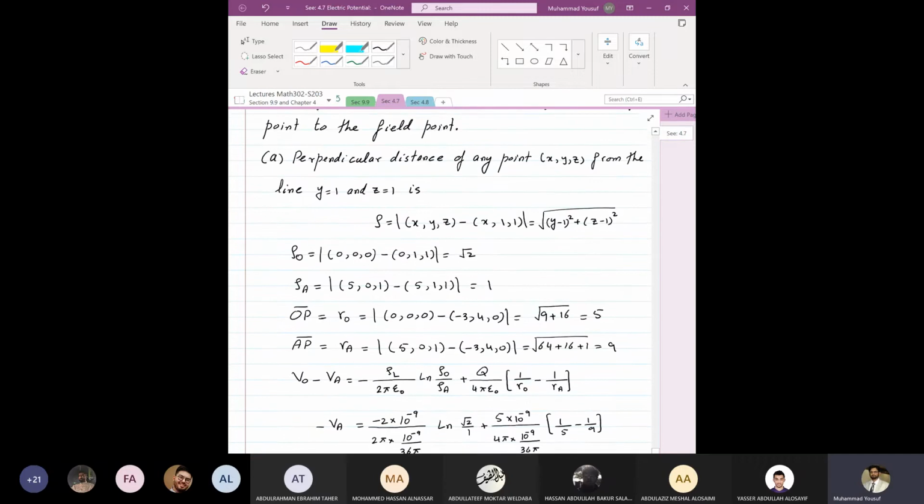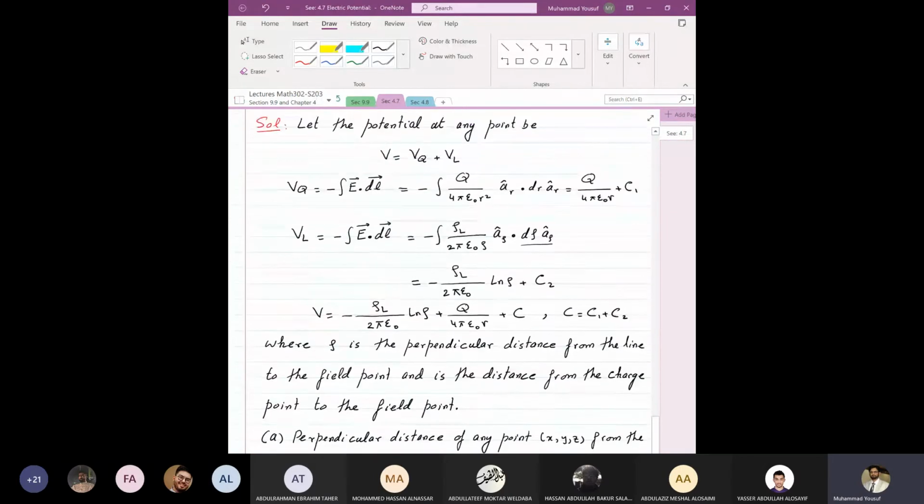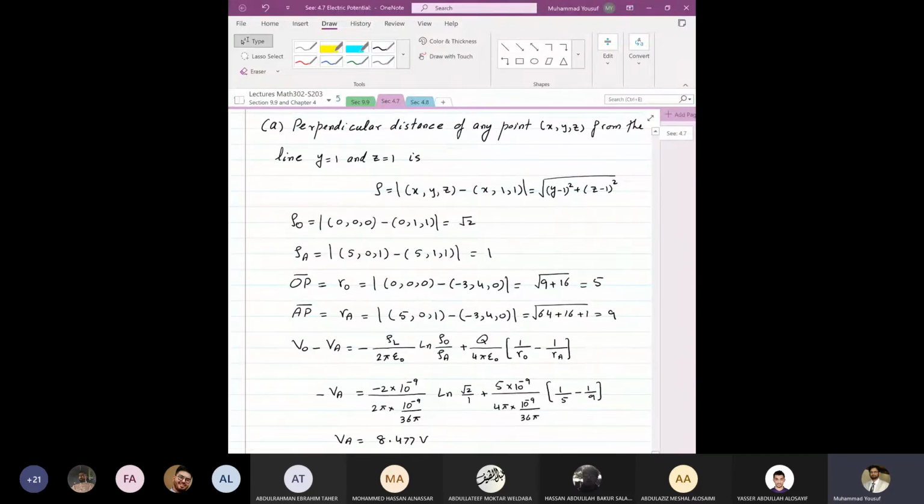Then, what is the perpendicular distance? Because we have potential equal to 0 at the origin, what is the perpendicular distance of the origin from the line? Rho 0: the origin 0, 0, 0, and 0, 1, 2 is a point on the line, and this perpendicular distance is square root 2.